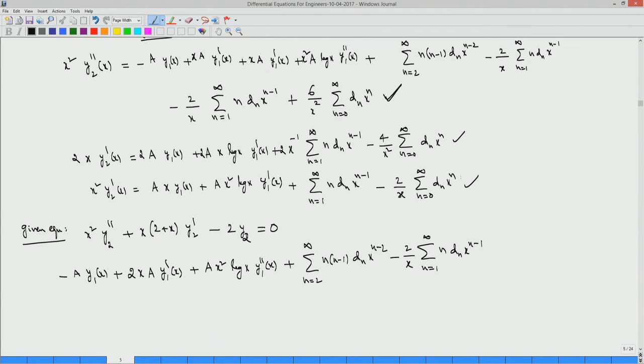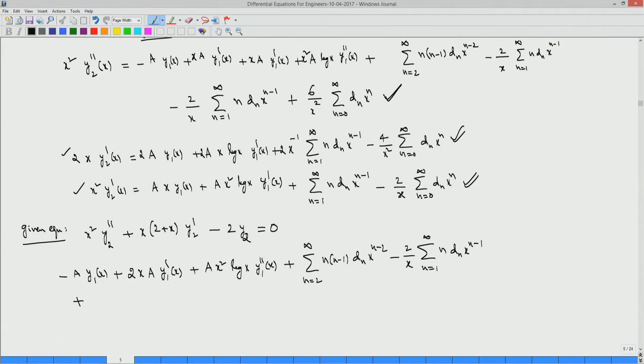Now you add these two. So this 2x y2 dash, that also if you add, so basically I am adding these two. So 2x y2 dash plus x square. If you can see that 2ax log x, if there are some common terms you can add them. If not, maybe you have to rewrite everything as it is.